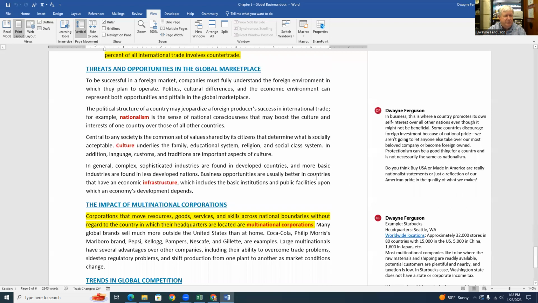So protectionism is just protecting our U.S. workers and our U.S. industries, so that we don't lose jobs. So certainly nationalism could be protectionism, and vice versa, I guess, but they don't have to be the same thing. So you can read about that.